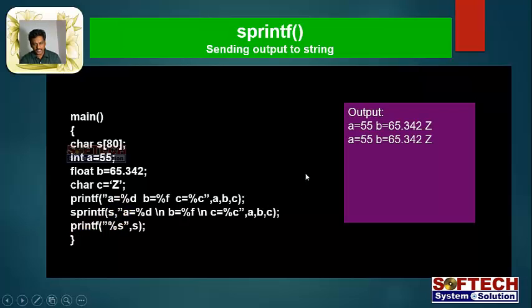If we print s and display it, this function gives no output on the monitor, because the values are stored to s. After that we get s, and this is the output for s. If we want to store the output into a string, we use sprintf.